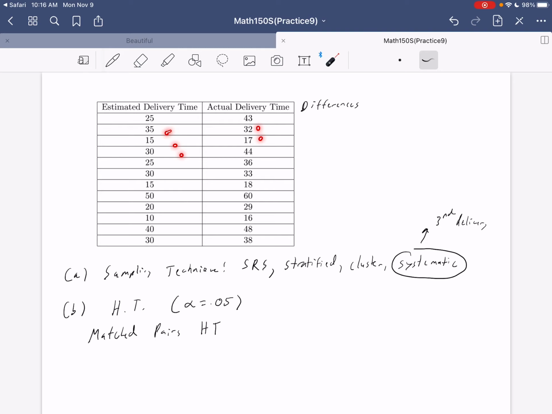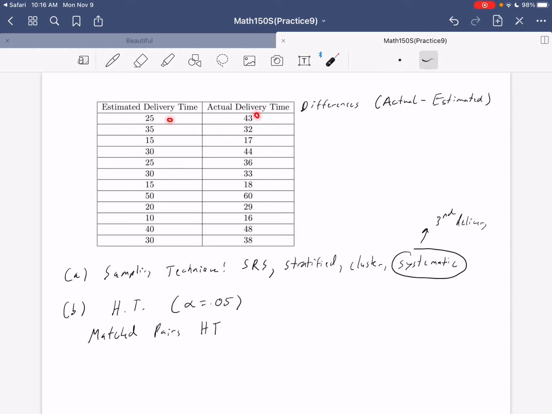15 versus 17, 30 versus 44, it looks like the actuals are generally higher. Not always. I mean, this one right here is a little bit lower, but most of the actual delivery times are higher. So we probably want to do actual minus estimated so that we get mostly positive values. That just makes it easier to work with. So we're going to do the actual minus the estimated. So let's get those differences.